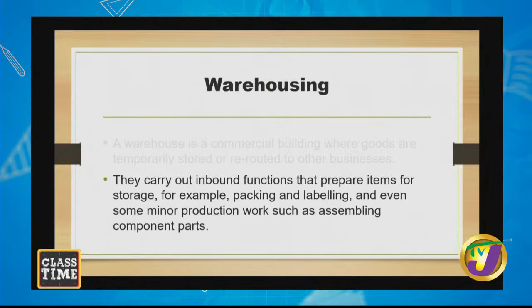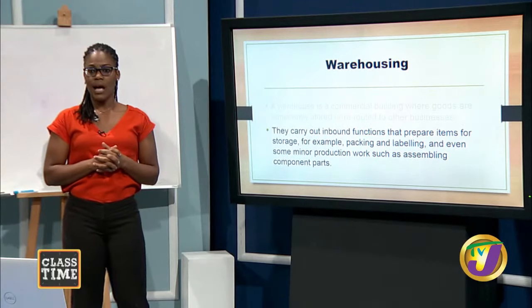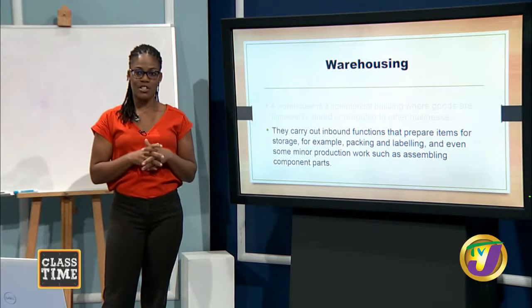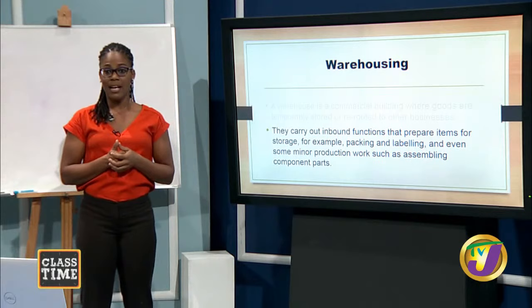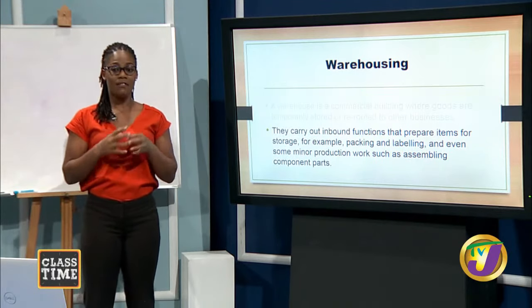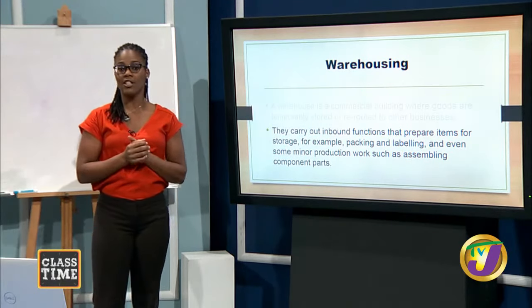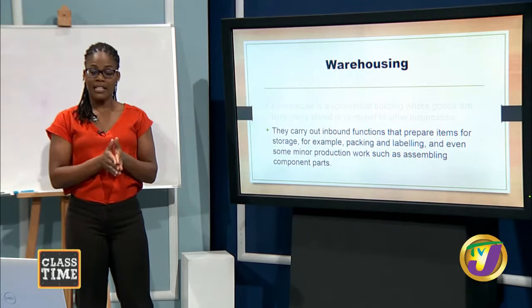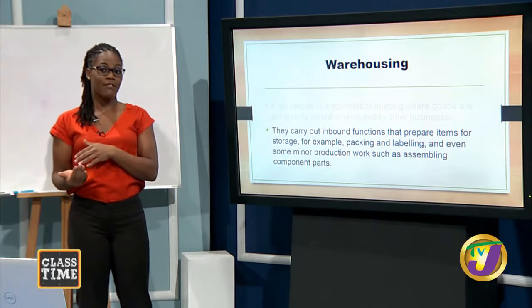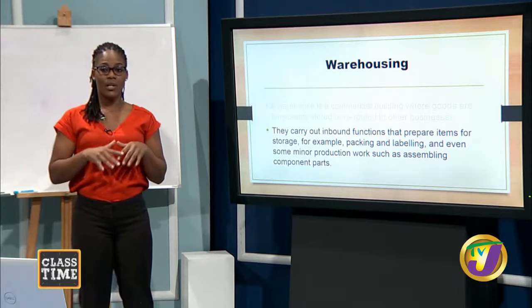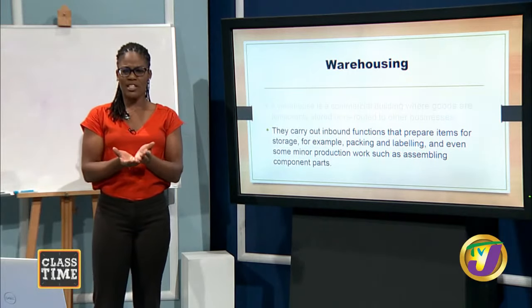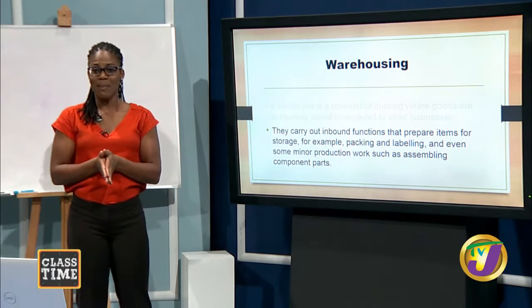So some warehouses are used just for temporary storage, some are used for minor production. So for example, think about a business that manufactures cell phones. It is possible that the shell of the phone is manufactured by one company, and it is possible that the batteries are manufactured by another company. Of course, the cell phone is of no use without a battery.